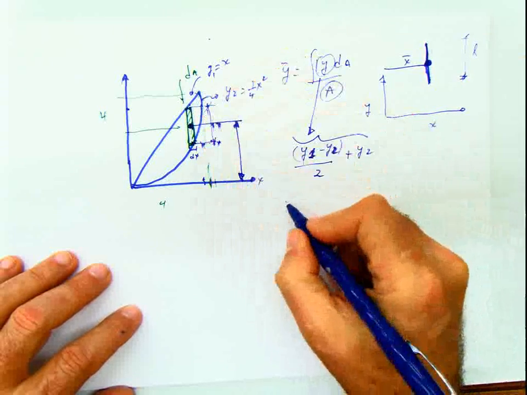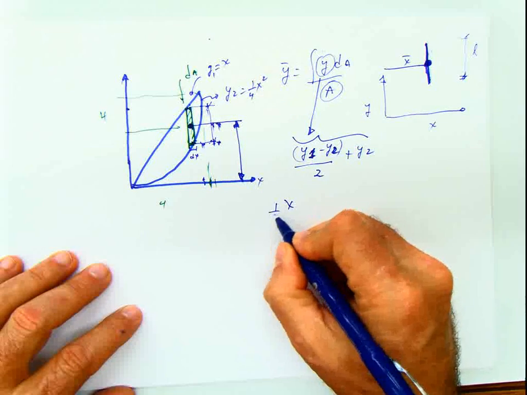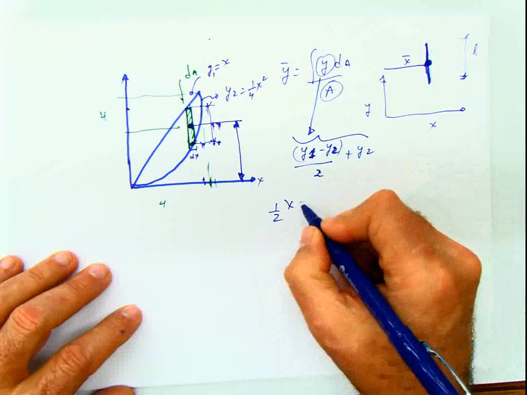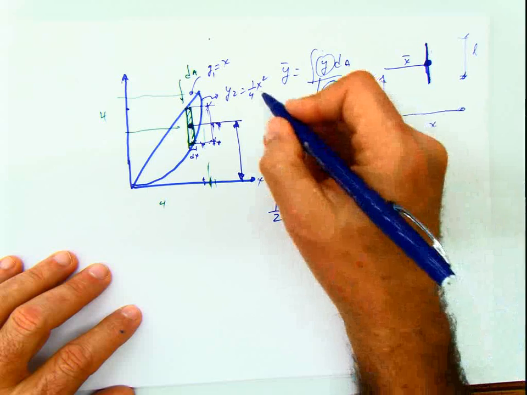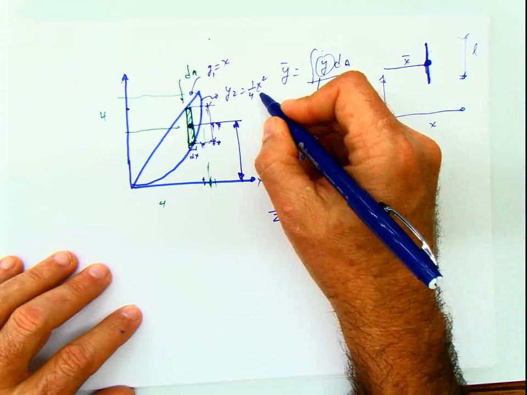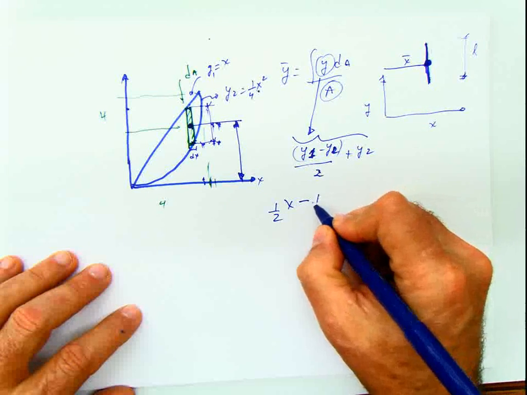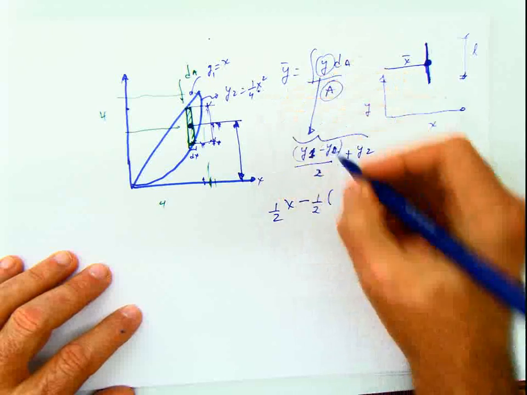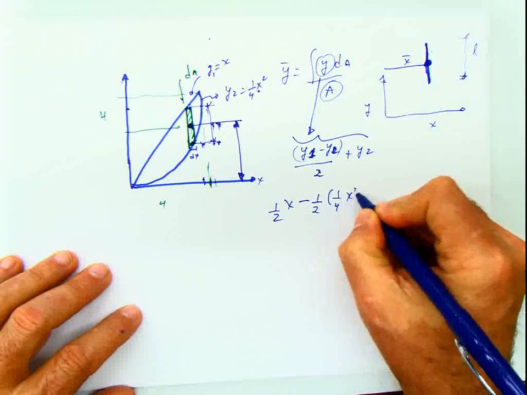So this is going to be x times 1/2 because of this half, minus 1/2 of y2, and y2 is this here. So it's going to be 1/2 of 1/4 of x squared.